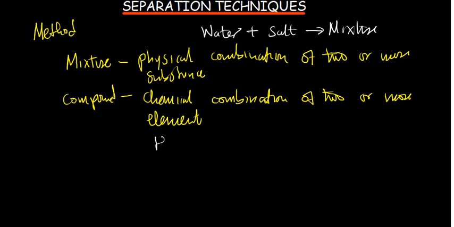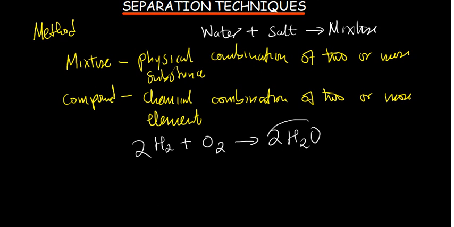You have got hydrogen gas reacting with oxygen gas, and then you form two water molecules. So this is a chemical combination, and what you form is a compound because it is a result of a chemical combination. But if you mix water and salt, the solution you are going to get is called a mixture because it is a physical combination.